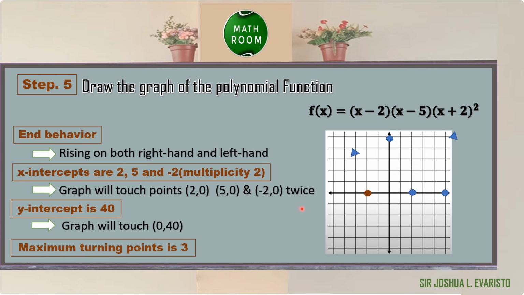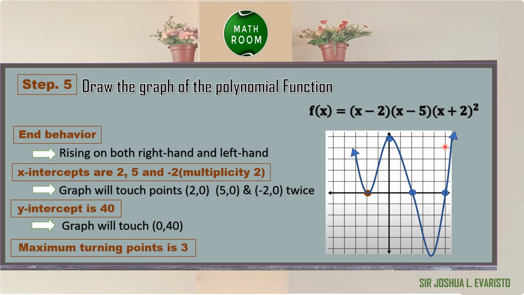We can now connect the dots using curves. As you can see, the graph of the polynomial function started in the second quadrant, touching the x-axis, bouncing off, and touching the horizontal axis, going through the x-axis to the fourth quadrant, then touching the x-axis going to the first quadrant.